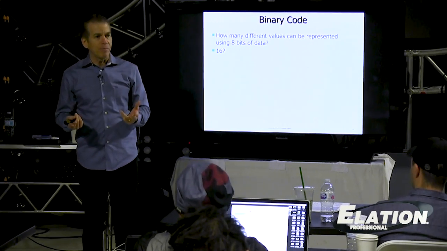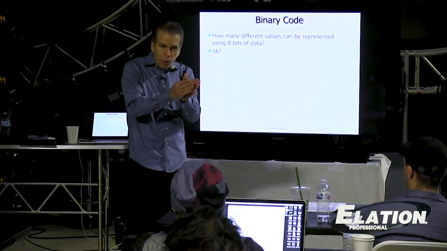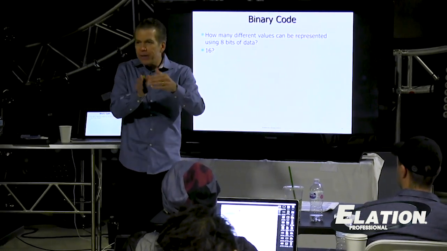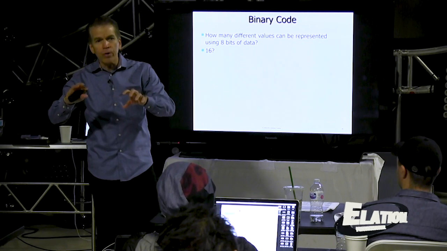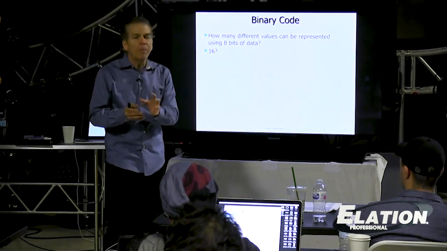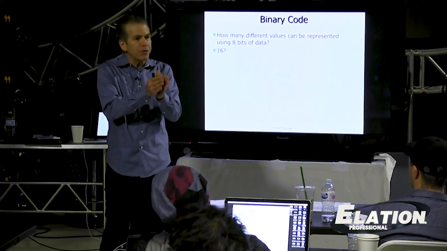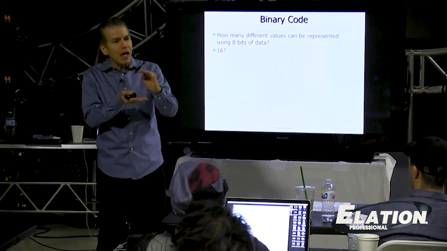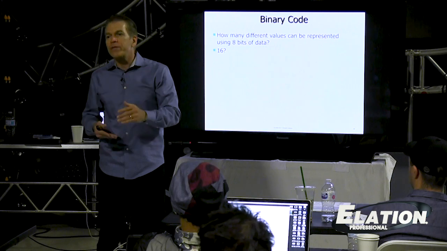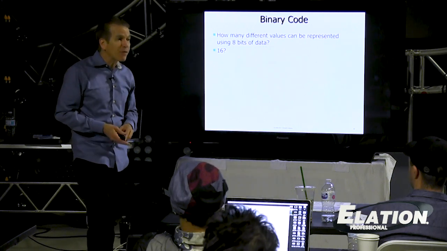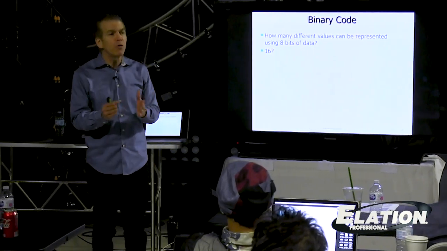The 1 byte will be the coarse control, and the other value will be the fine control. So that means you have 256 levels between every step of 256, which gives you 65,000 steps of control. It's much more smooth movement.